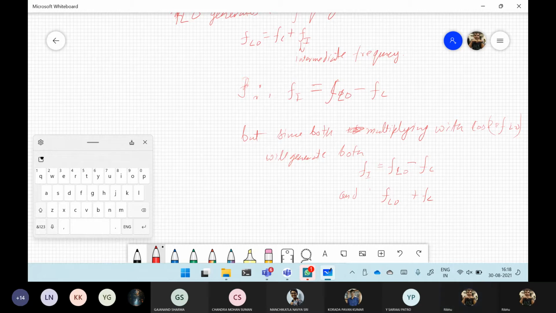Now, since both of these components will be generated, this is called the image component. This we don't want, but this comes in because of mathematics. So this is called the image frequency and is an issue in the case of super heterodyne receivers.